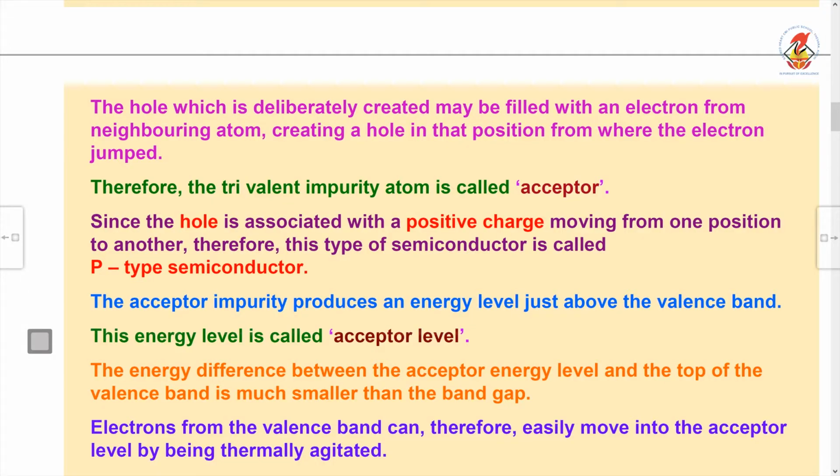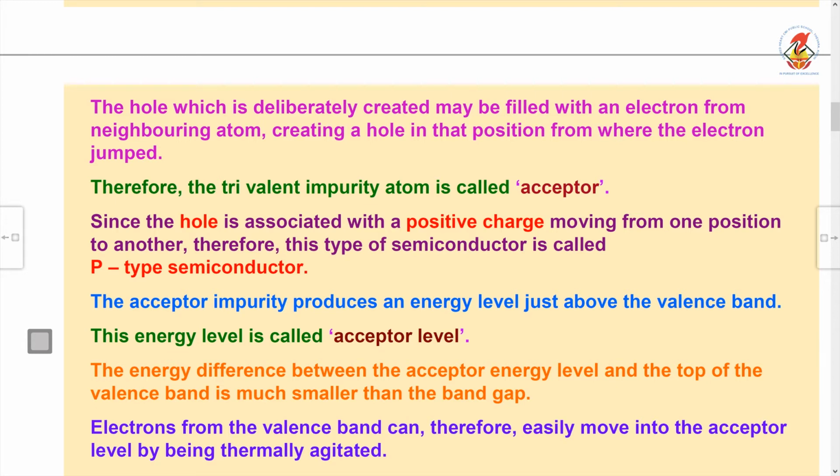So you can copy these as the notes itself. The trivalent impurity atom is called an acceptor atom because it accepts the electrons from the silicon-silicon covalent bond. The acceptor impurity produces an energy level just above the valence band.